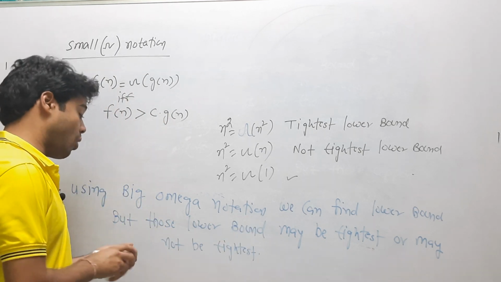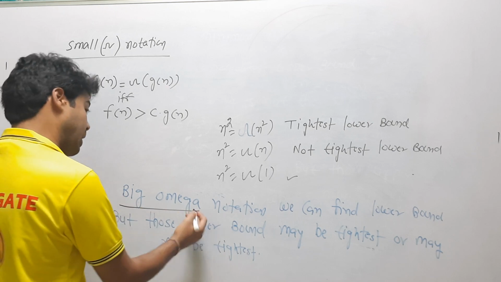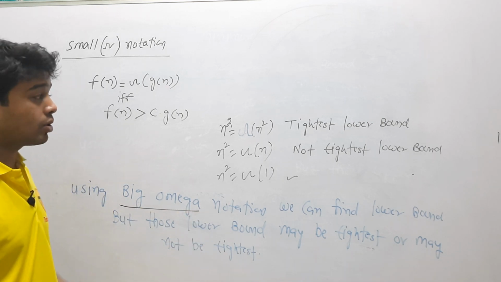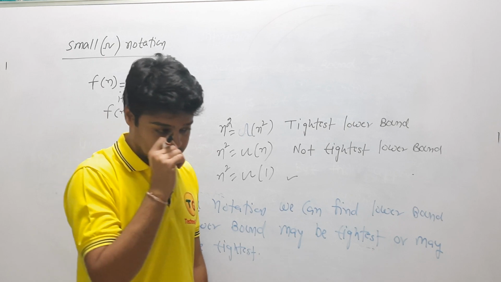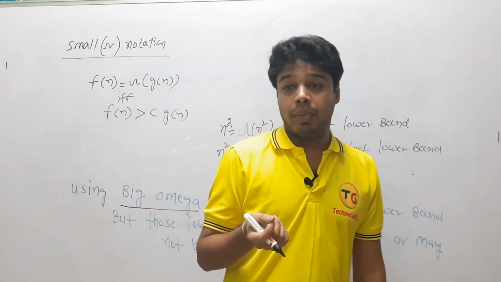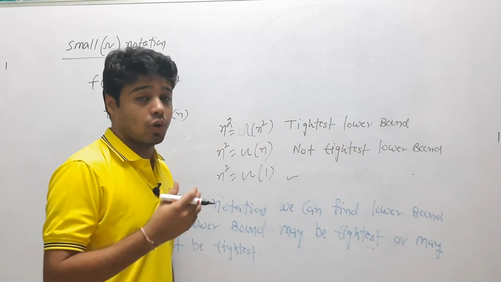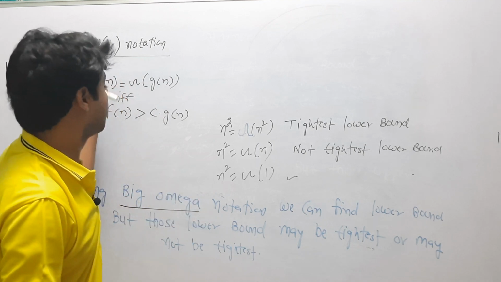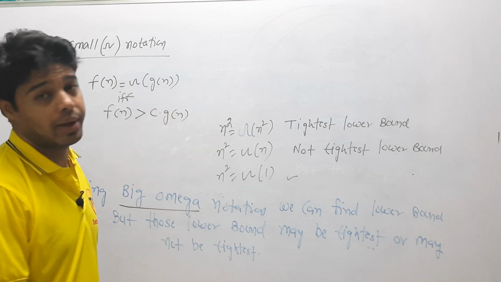So through big omega notation we only find the lower bound, but it may or may not be tightest. To find the tightest lower bound, we use the small omega notation.